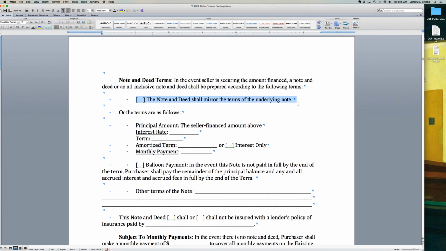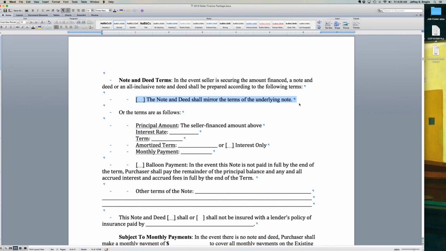Okay, so here's some tips. This right here, the note and deed shall mirror the terms of the underlying note. This isn't a true subject to, and for whatever reason, your seller wants to secure it with an AITD. Well, this is telling whoever's creating that document that they will just get the exact same information off the underlying mortgage. It'll be the same interest rate, same term, same monthly payment. Everything's identical.